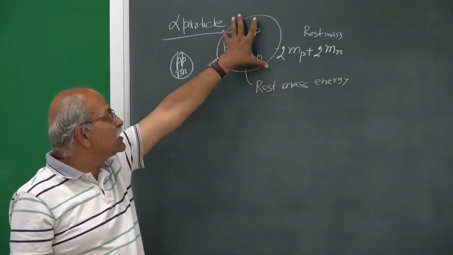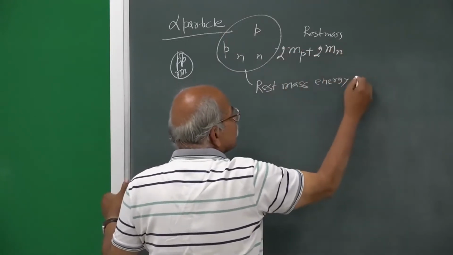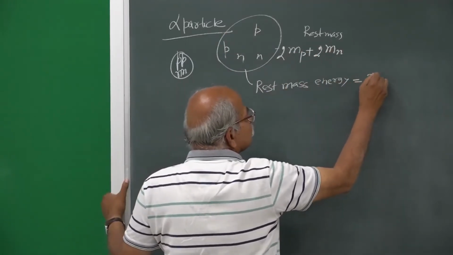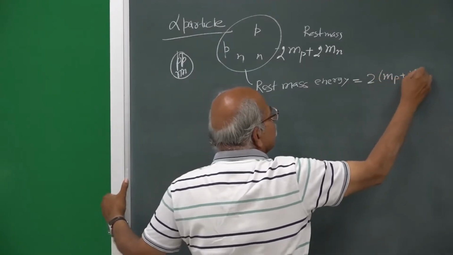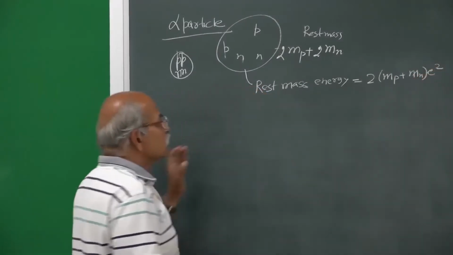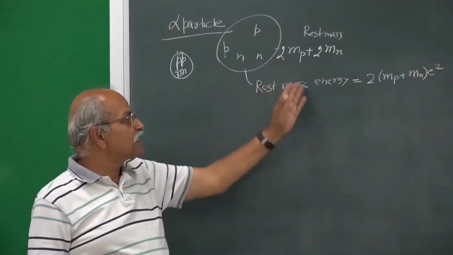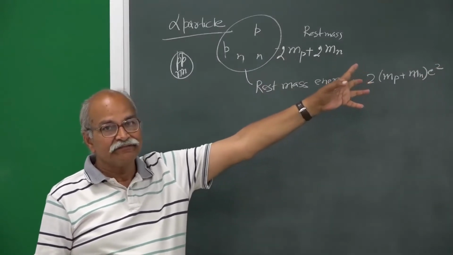So for this combination the rest mass energy is this multiplied by c square. So it is 2 mp plus 2 mn times c square, just the addition of 2 proton rest mass energies and 2 neutron rest mass energies.